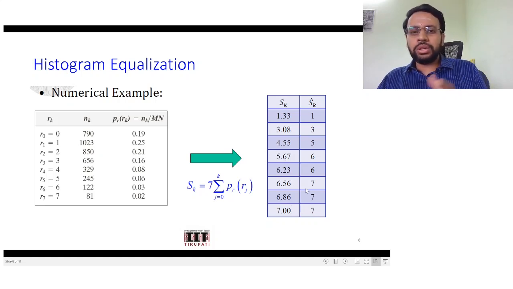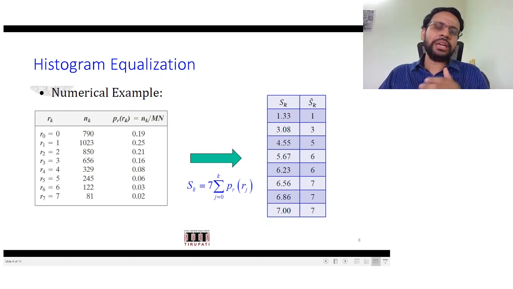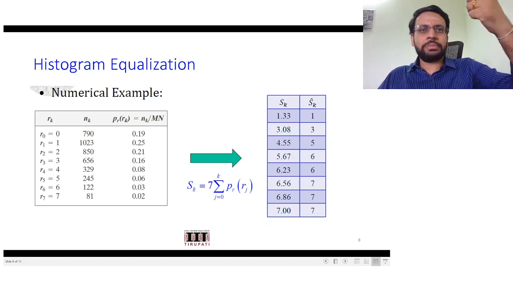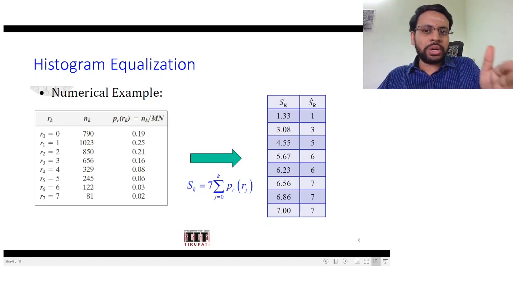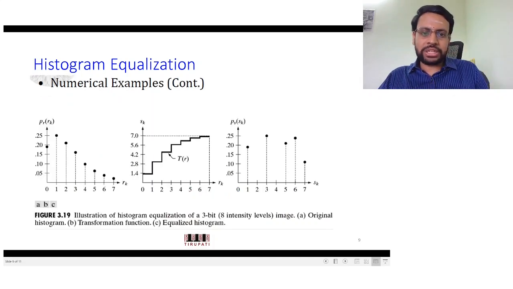Now with that, you could also realize that the number of peaks, or number of distinct values that you would be getting, could also reduce as you are applying histogram equalization. This is the same illustration in the graph. So you have r here, and this is the probability density function. After that, what you are doing is computing the sk values. This is giving you non-integer values to which it is getting mapped.